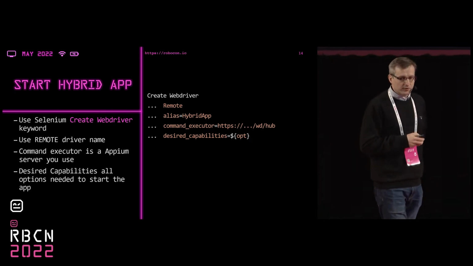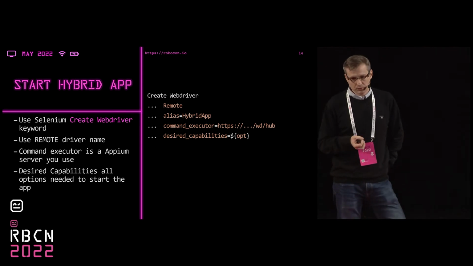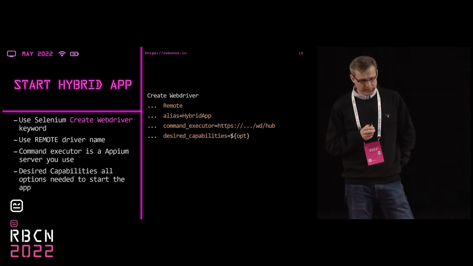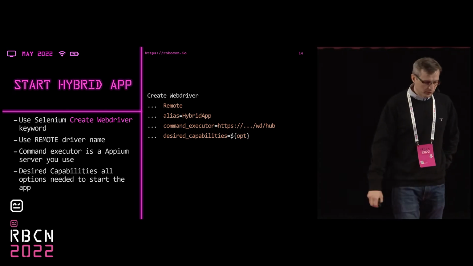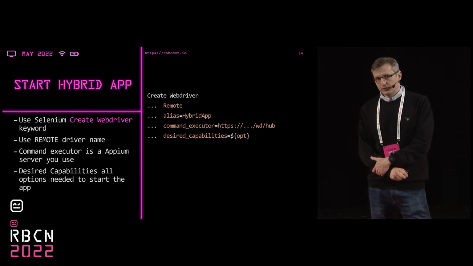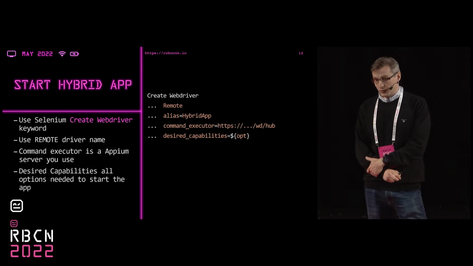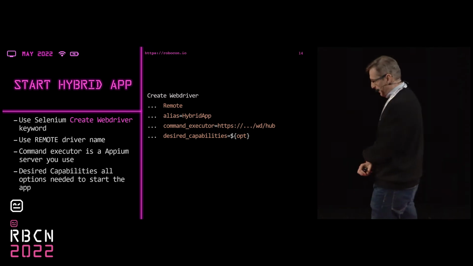The important part here is that you can specify exactly what server you want to use. In this example, you have a command executor, and this is where you put what server you want to connect to, and it might be the Appium server.